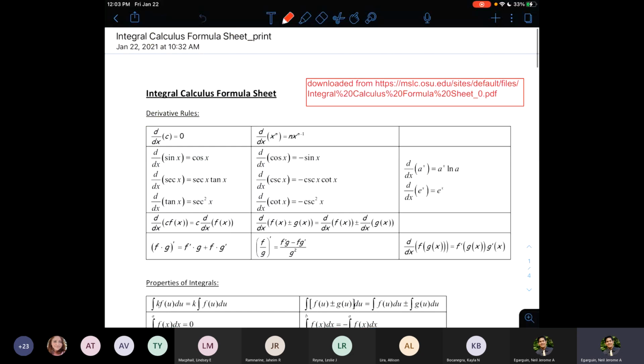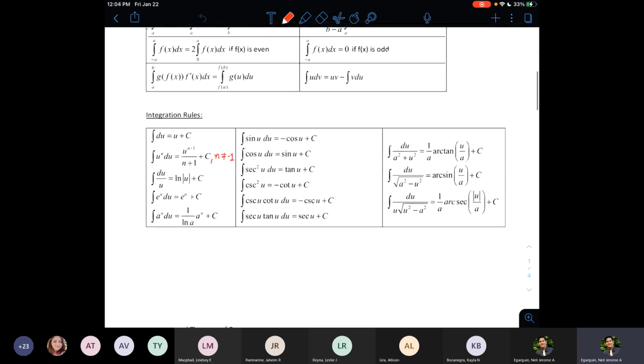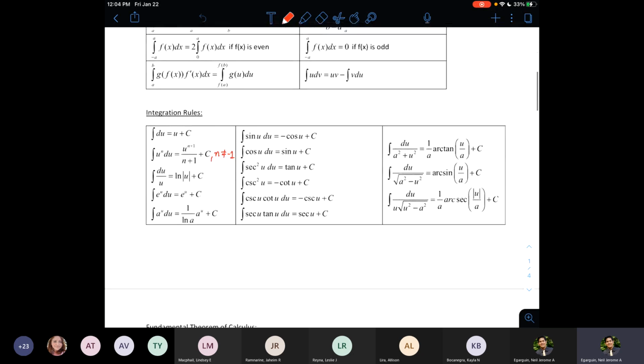Okay, so I hope you see my screen now. So this is the file that I uploaded in my website. Actually, this is just something I downloaded from the net, which compiles some of the basic formulas that we will need. So you have those basic derivative rules here, properties of integrals, then some integration rules. I just annotated there a little bit.